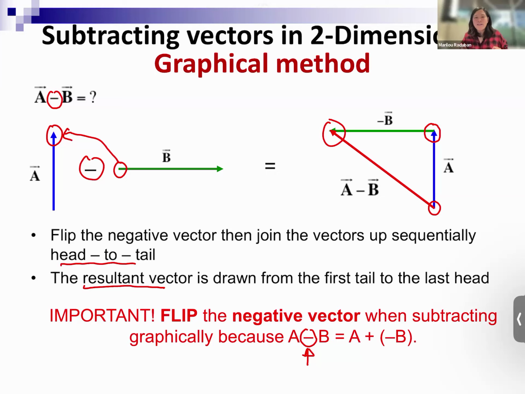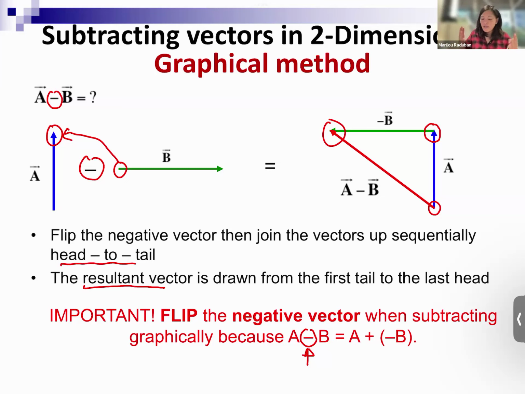I think for this course, it's enough to know how to draw the vectors graphically to find the resultant vector. It's not a very efficient way of finding the resultant vector, because to find it accurately, you'll need to draw each of the vectors with the correct length. And then for the direction, you'll have to measure the angle using a protractor. That's why it becomes quite tedious to find the resultant of a vector graphically.